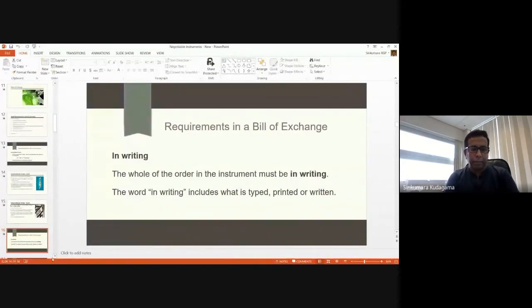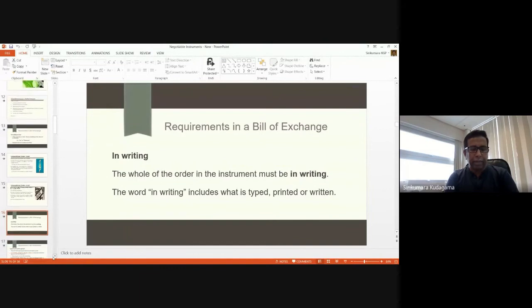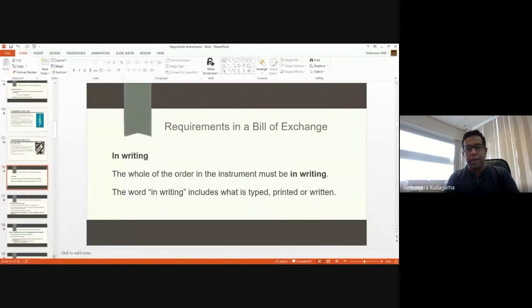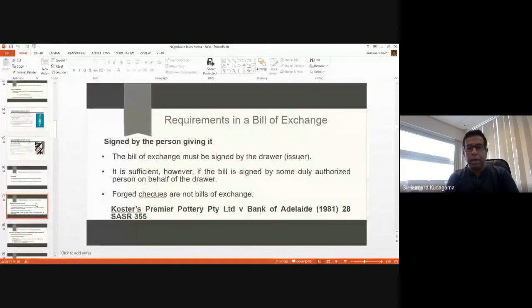That we'll find in the definitions of the bills of exchange itself. But for the time being, we'll go on that the entire order needs to be in writing. It cannot be partly written and partly verbal or something like that. The written can include typed, printed, or written. That's okay.